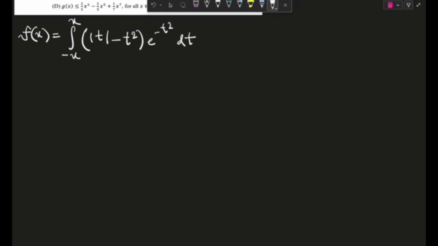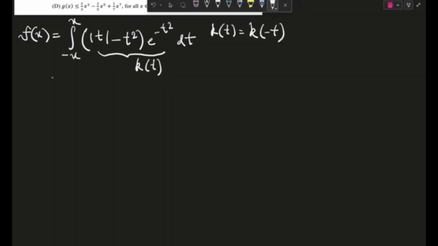Now if you observe this function carefully, f of x is actually equal to f of minus x, or rather I will not consider f of x here because x is in the limits. You can take this function to be some k of t, since g of x is already given. What you will observe is that k of t is equal to k of minus t, so it is an even function.